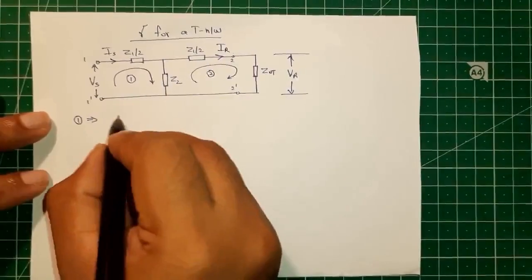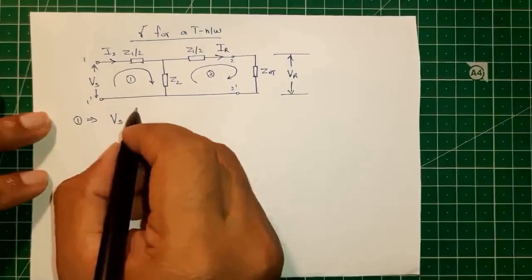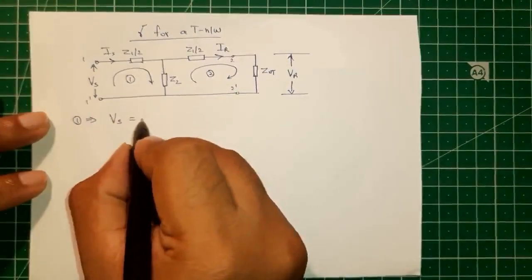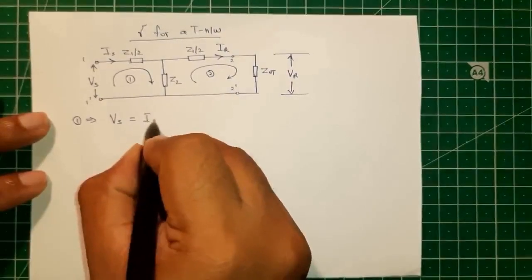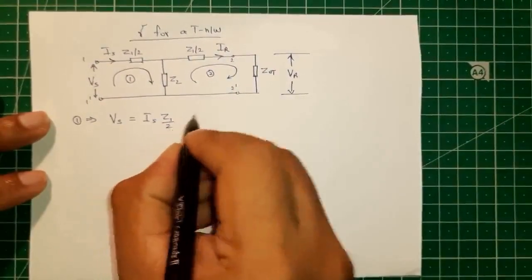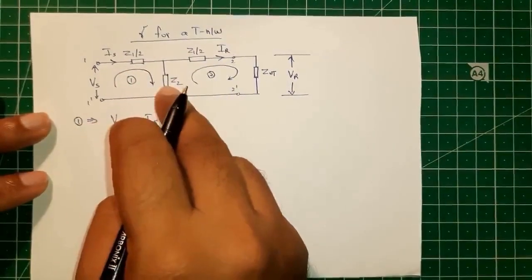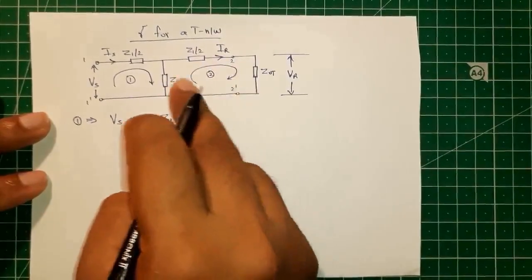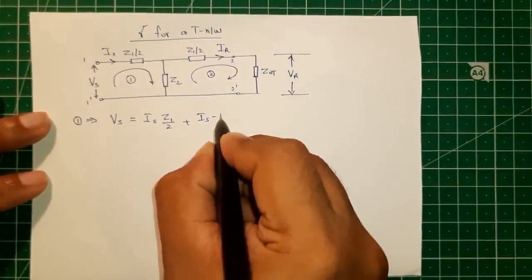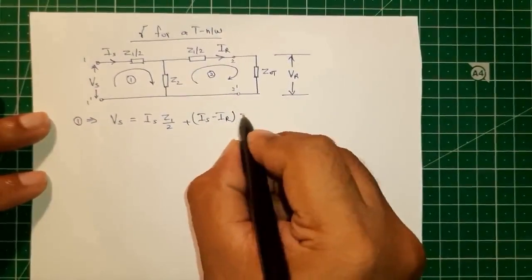So in loop 1 we have the sending end voltage Vs is equal to Is into Z1 by 2 plus, here it will be Is minus IR, Is minus IR into Z2.